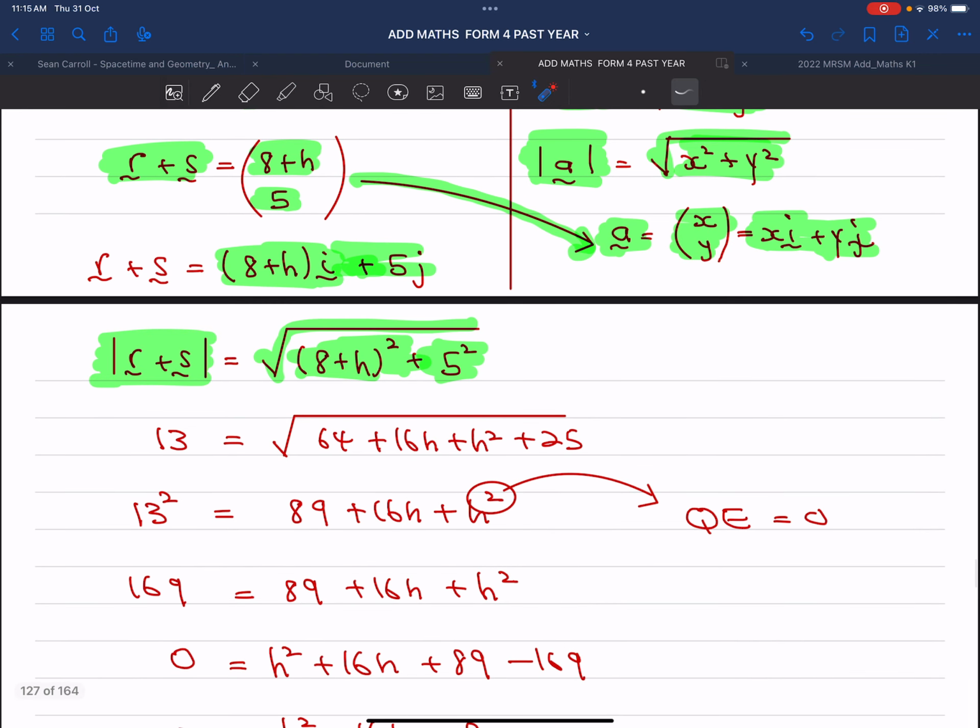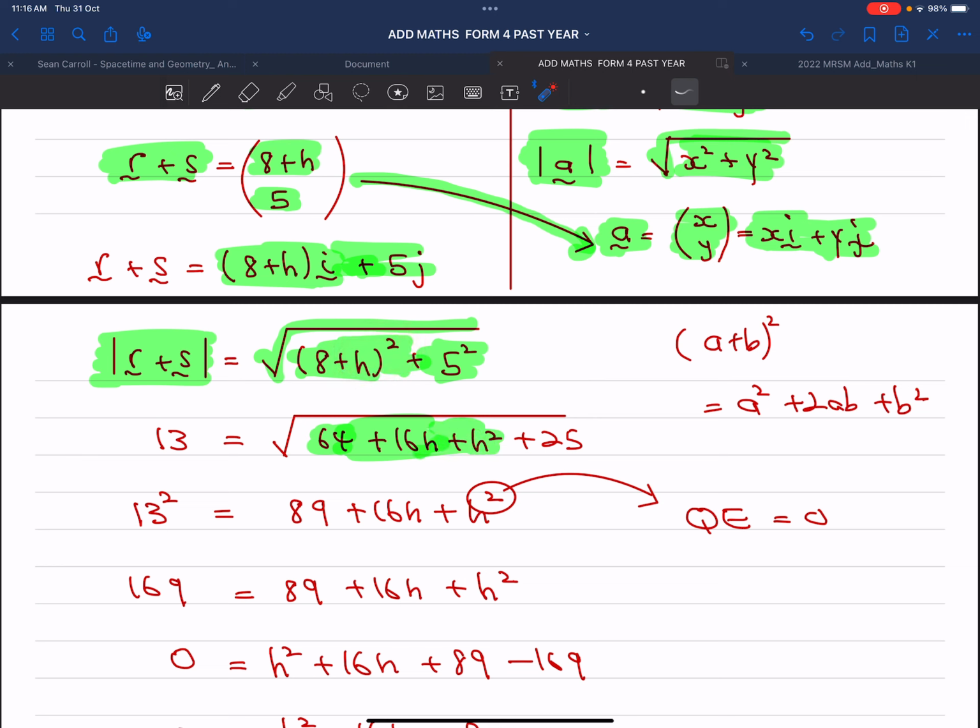Now, we are going to expand the (8 plus h) squared using the formula (a plus b) squared, which is a squared plus 2ab plus b squared. So using this, 8 squared is 64, and then 2 times 8 times h gives us 16h, and then plus h squared.